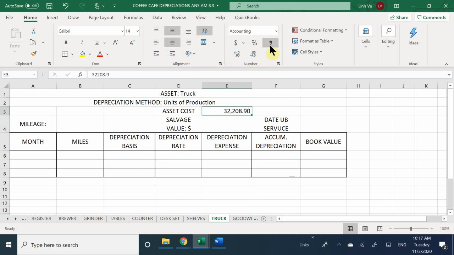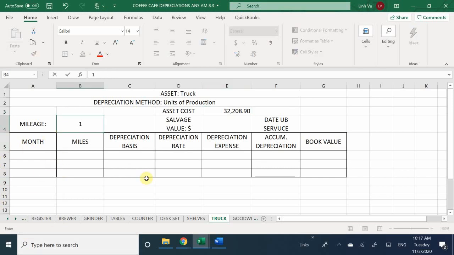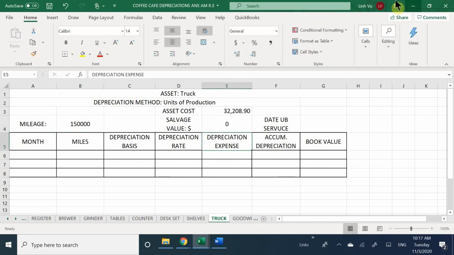So what is my mileage? 150,000. What is my salvage value? Zero. We have no salvage value. And lastly, what is my date I placed it into service?